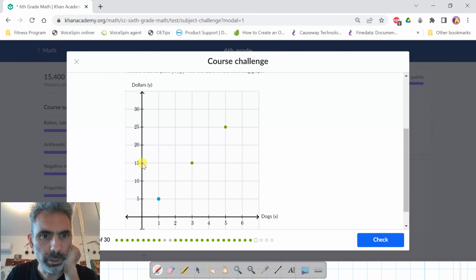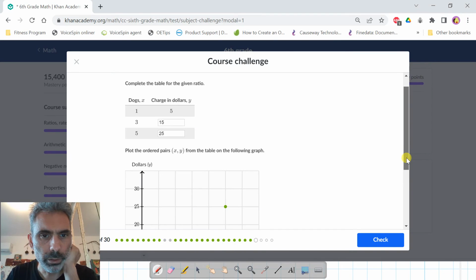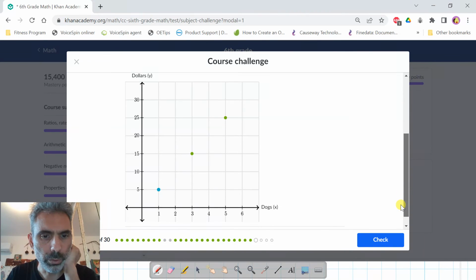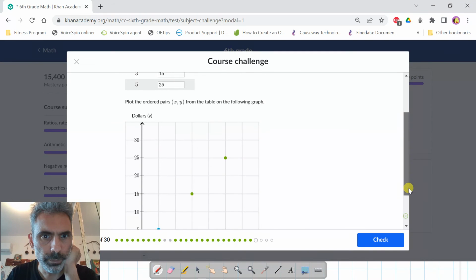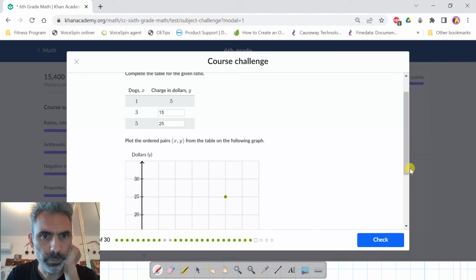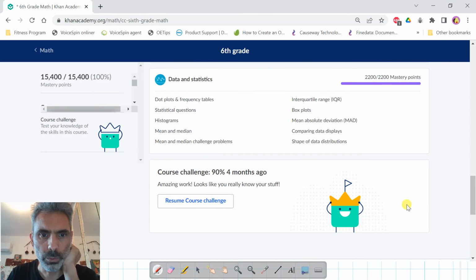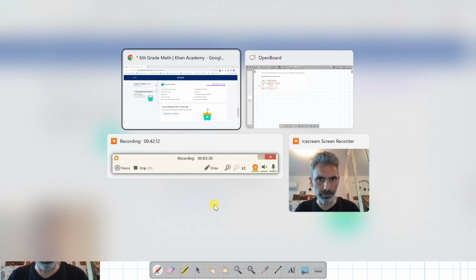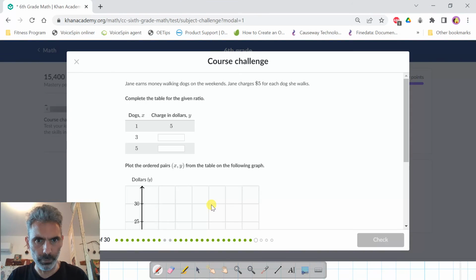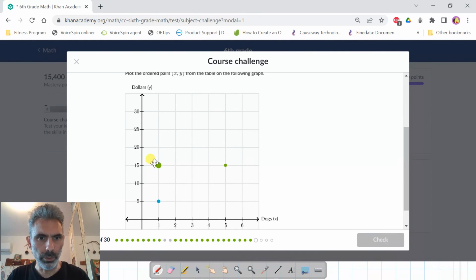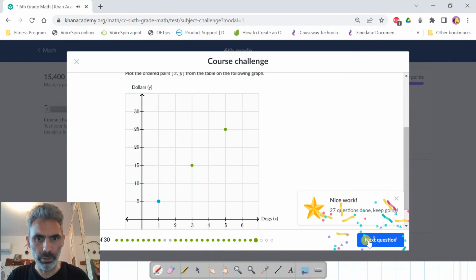So 3, 15, 1, 5, and a straight line going from each point to the next. Okay, 5, 15, 25. So 3, 15, and 5, 25. Good.